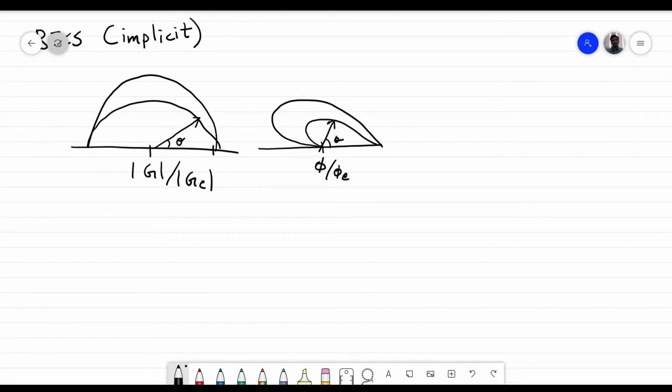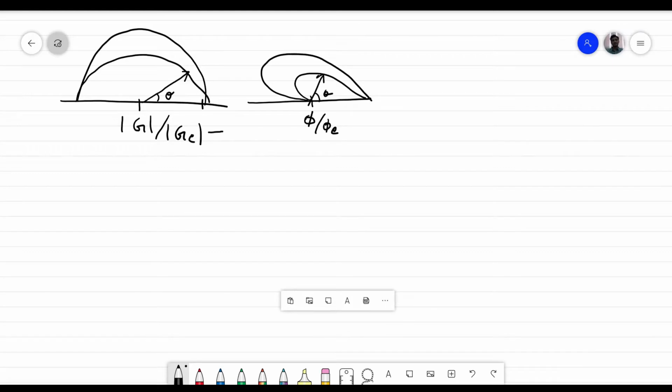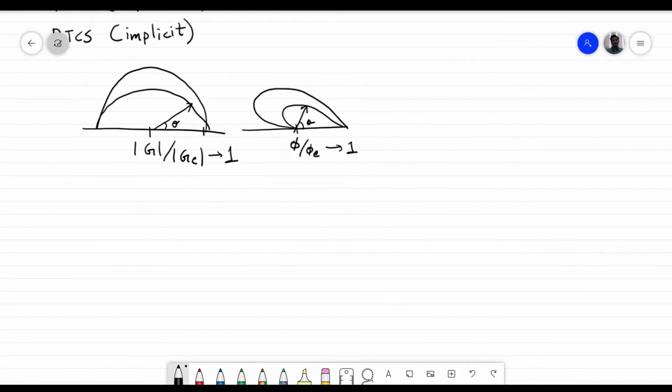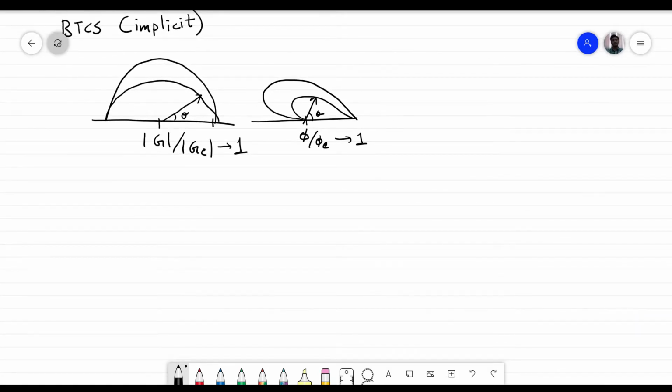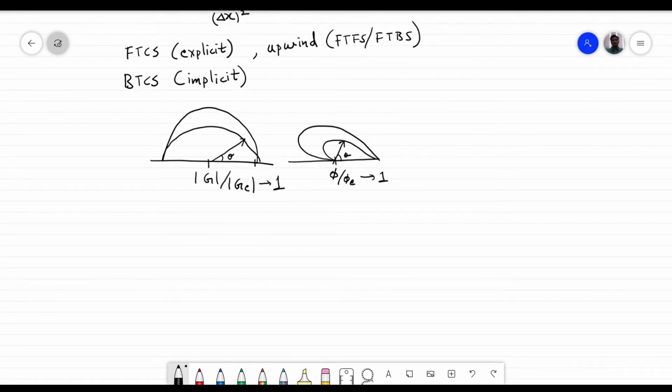So we want mod G by GE to be as close to 1 as possible, and similarly phi by phi e also as close to 1 as possible, because we want our numerical simulation, numerical results to be the same as the exact results. Okay, we discussed till here.